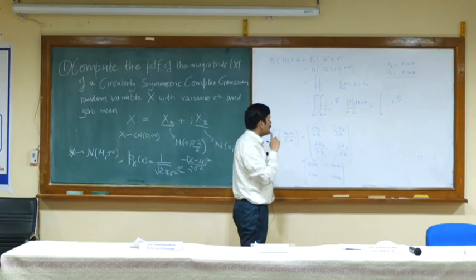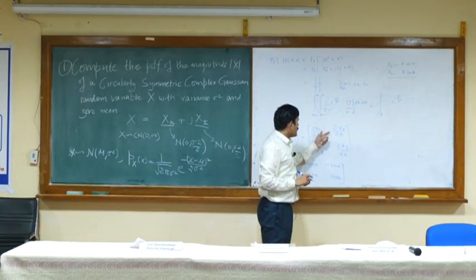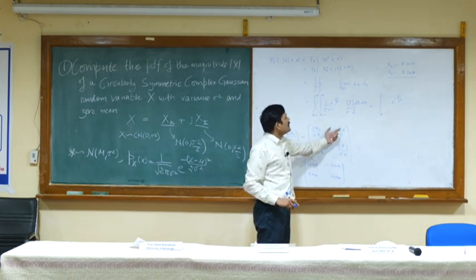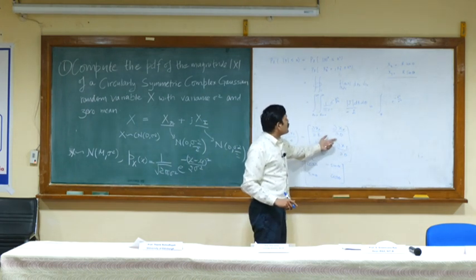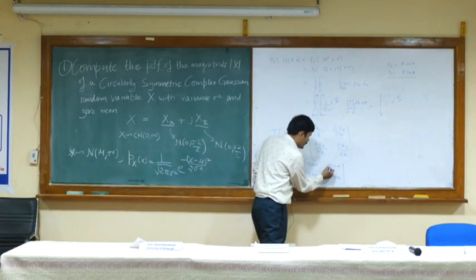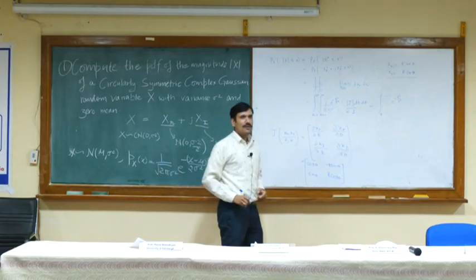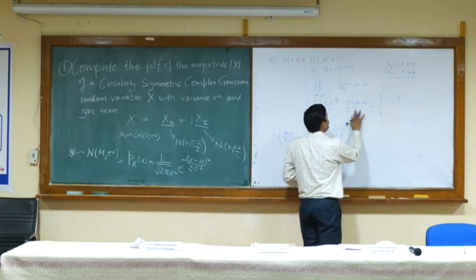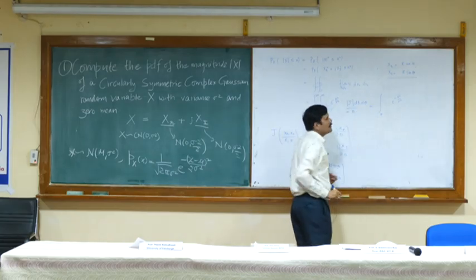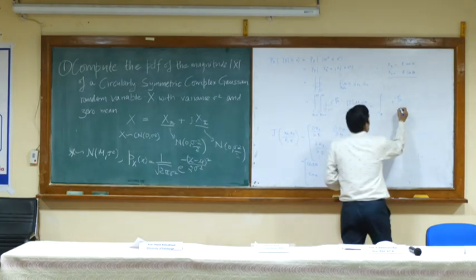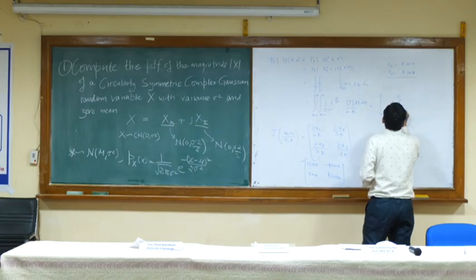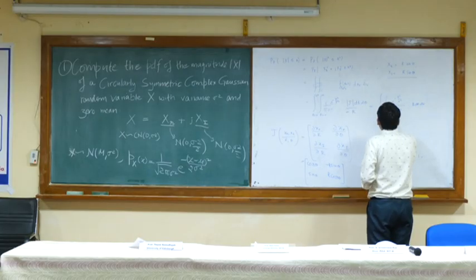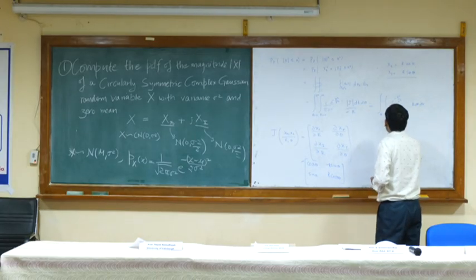One thing is missing. Here in the Jacobian we have del xr divided by del theta, so I will get r here. So this will be 1 over pi sigma square into r dr d theta, and here r equals 0 to infinity.